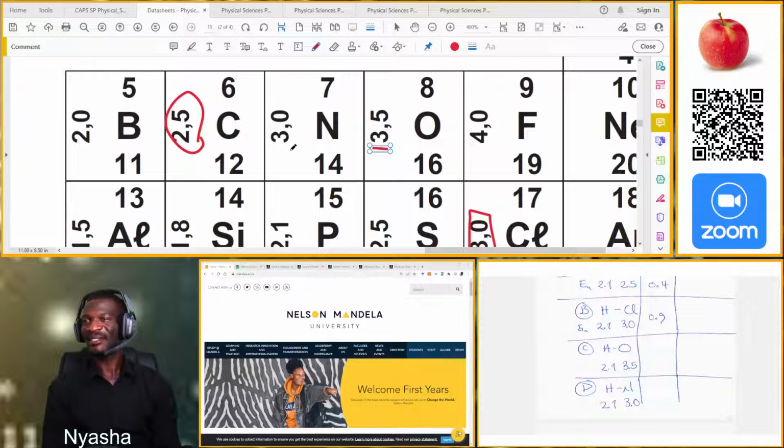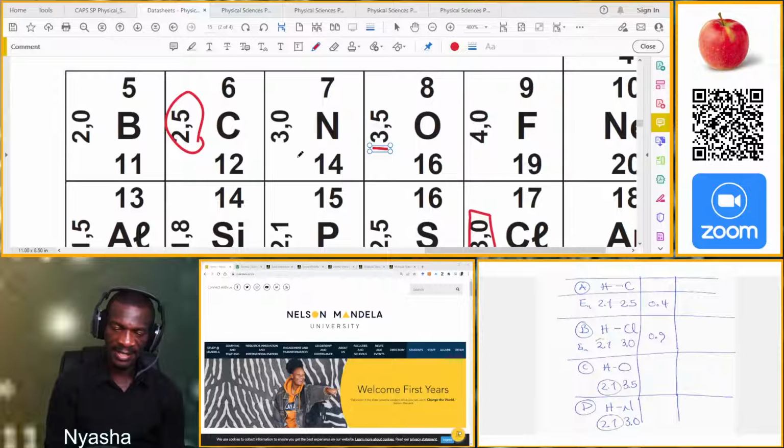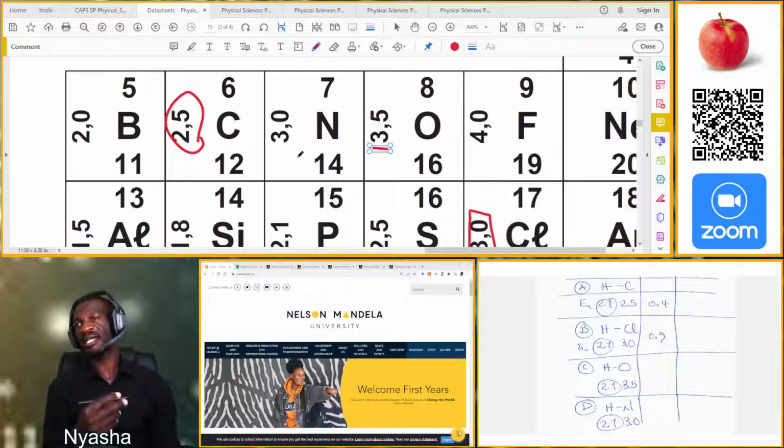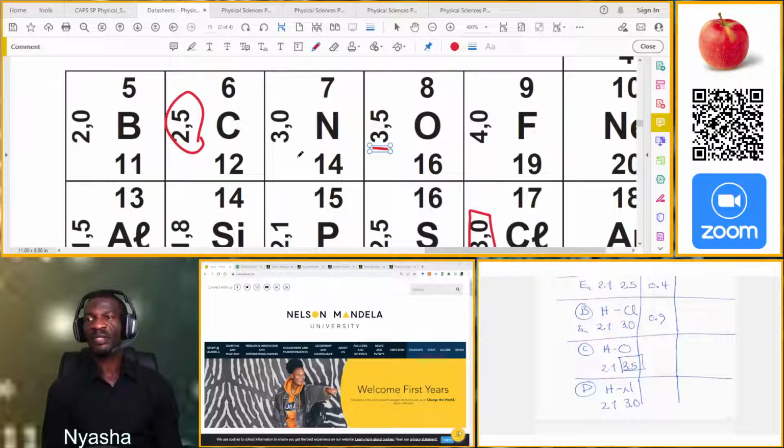So already, as you can see, our most electronegative in this case is oxygen. The fact that these are exactly the same means our indicator in this question is simply the other species. So we now have our 3.5 as the most electronegative atom.